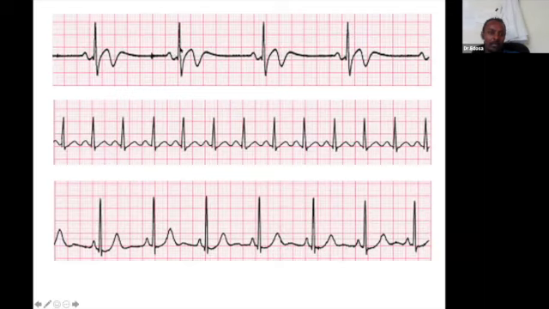So we can count 1, 2, 3, 4, 5, 6, 6.5. So we can divide 300 by 6.5. Let's say 7. Let's make it easy, let's round to 7. We can divide 300 by 7. Good.